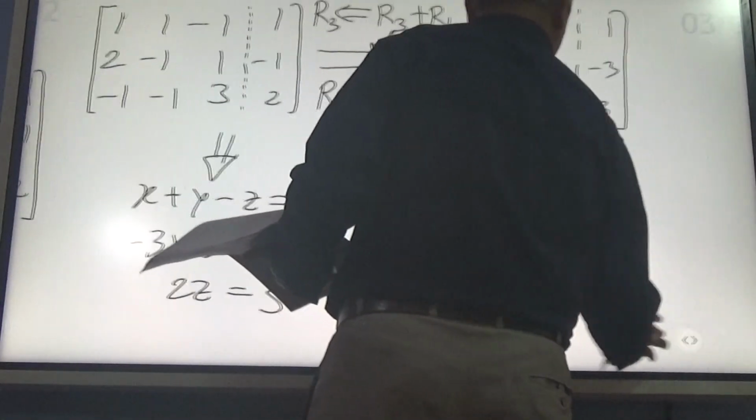In case of 3 equations, 3 variables, then we take another example of more variables, less equations. So both things we will address.